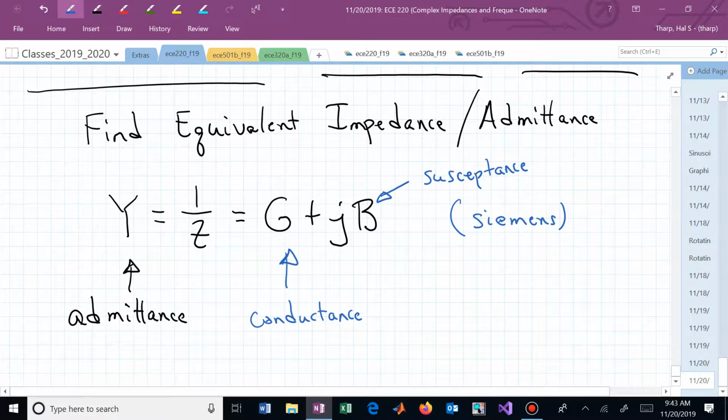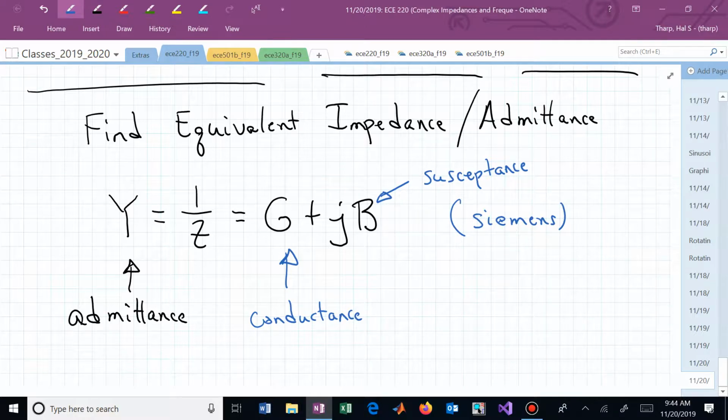So now we have all these new terms to keep track of. And why? Well, the reason we might use admittance is if we had a bunch of things in parallel, we could just add admittances instead of having to combine them as reciprocals with impedances.